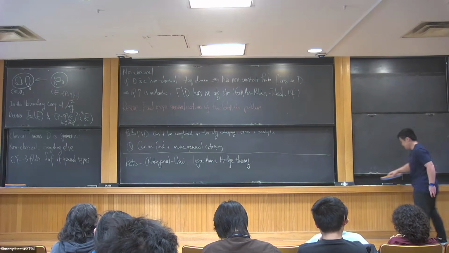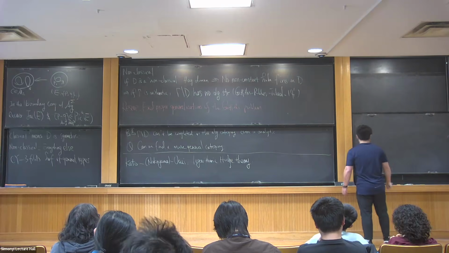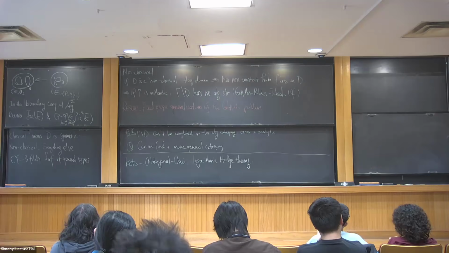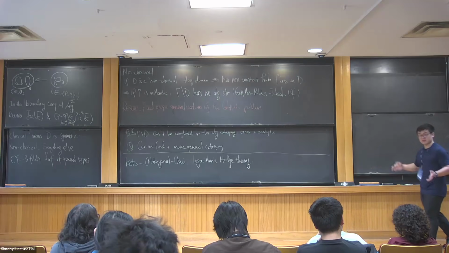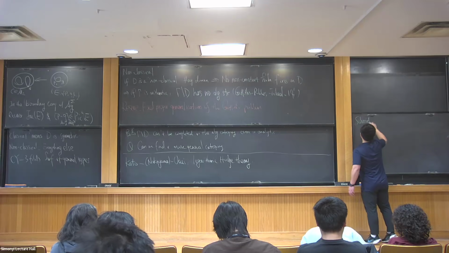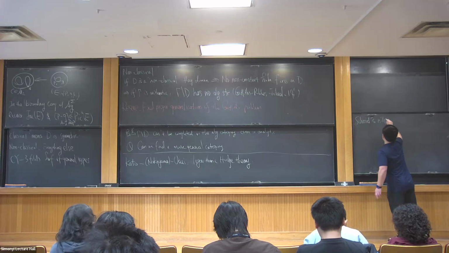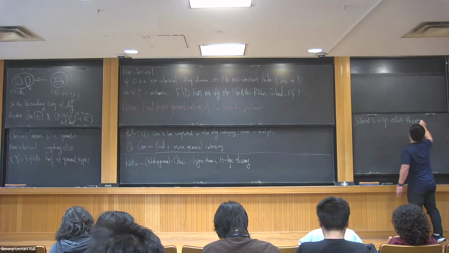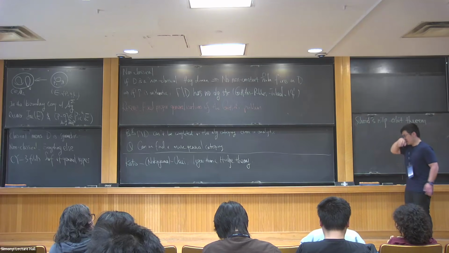Okay. Maybe before I explain the Kato-Usui theory, I have to explain one of the most classical results in Hodge theory, which is the Schmid-Cattani-Kaplan-Robles nilpotent orbit theorem. So what is the nilpotent orbit theorem?